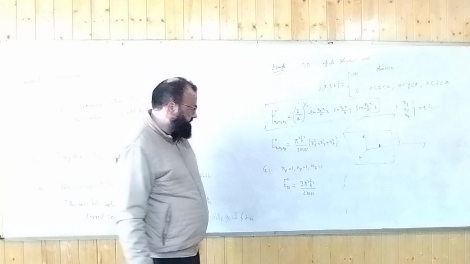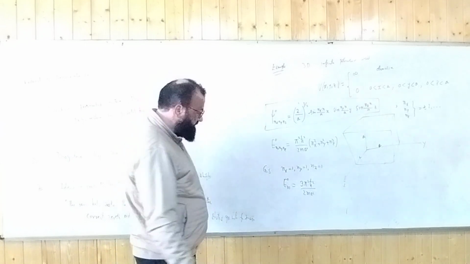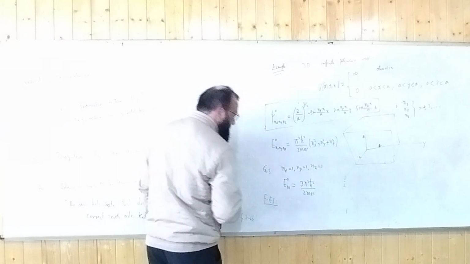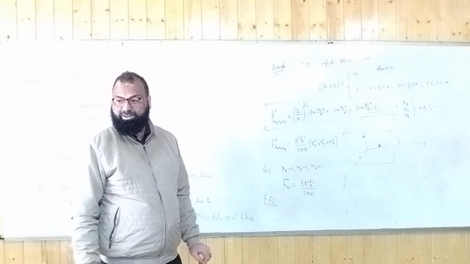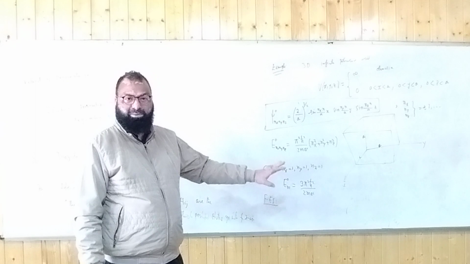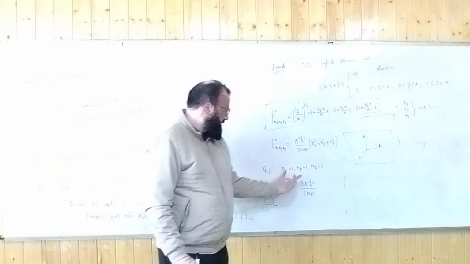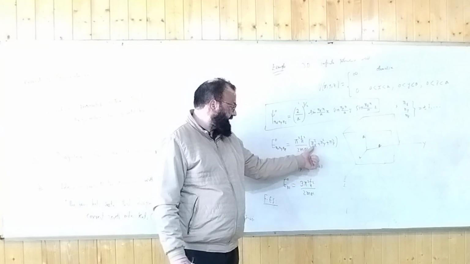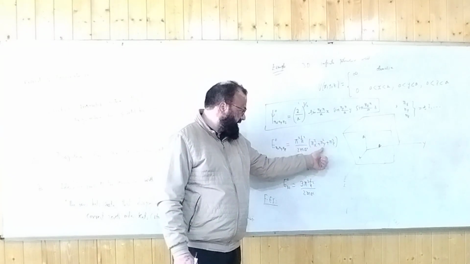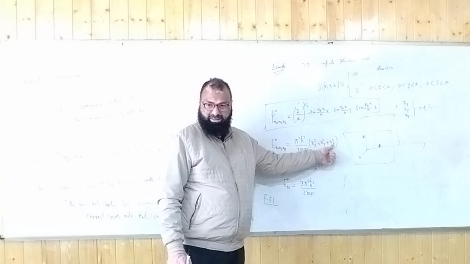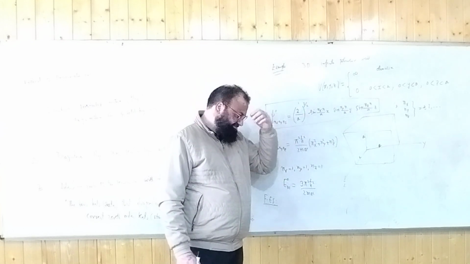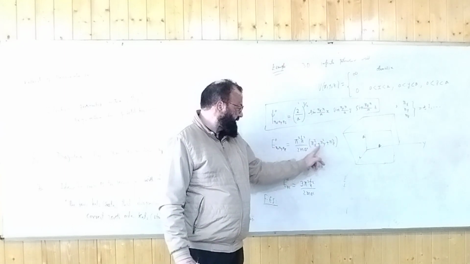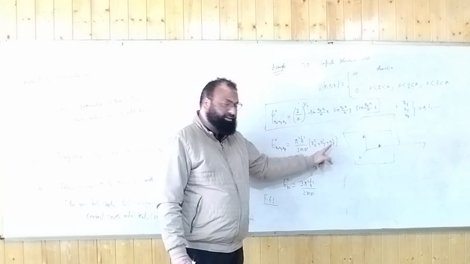Clear? Now let's take the first excited state. What is the first excited state? 1, 1, 2. You need to consider the combinations, the next possible combinations which will give the same energy. So let's put nx equal to 2, ny 1, nz 1, and then 1, 2, 1, and 1, 1, 2.